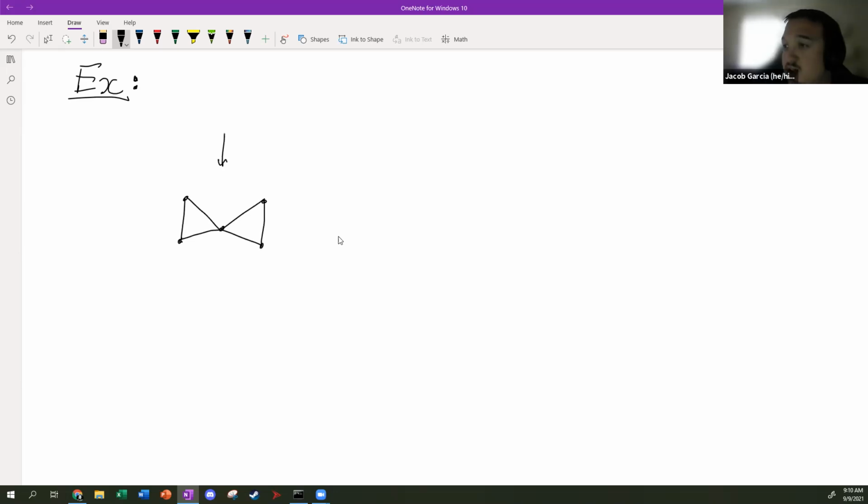Let's take a 2-sheeted covering of this bow tie. If I'm going to do a correct 2-sheeted covering of this bow tie, then I better have 10 vertices. Let's see, is there a way that I can make a connected 2-sheeted cover?